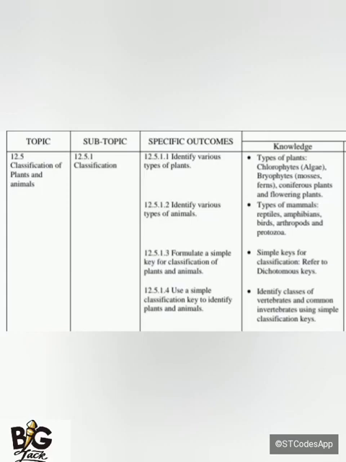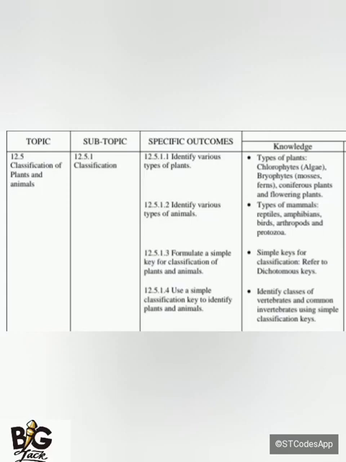For example, if you say arthropods, is an arthropod an invertebrate or vertebrate? Or if you say a bird, is it an invertebrate or vertebrate? Vertebrates are animals that have what? Backbones. Invertebrates are animals that do not have what? Backbones. So a bird is a vertebrate because it has a backbone.